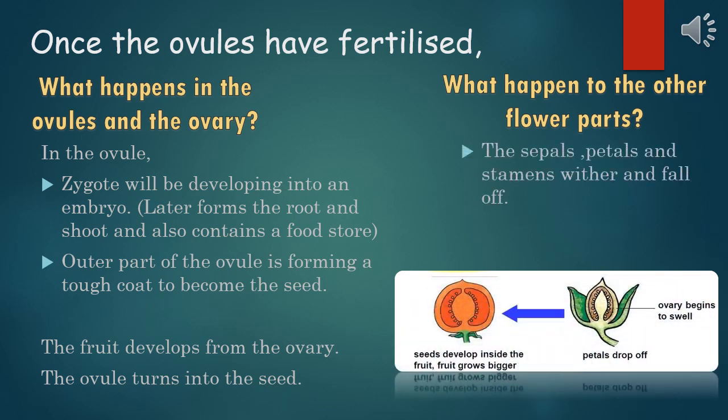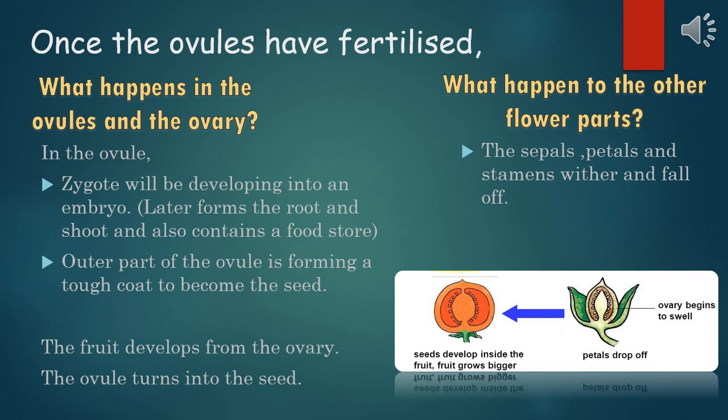As you know, in the ovule, the zygote will be developing into an embryo. Later, it will form the root and the shoot, and also it will contain a food store. The outer part of the ovule is becoming a bit tough. That means it's forming a tough coat to become the seed.